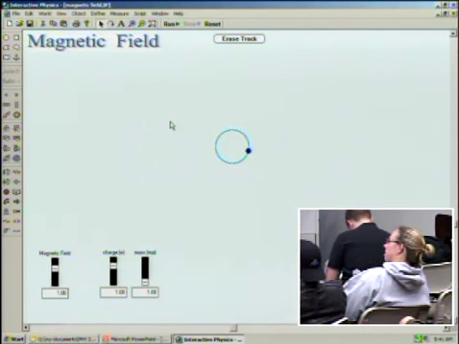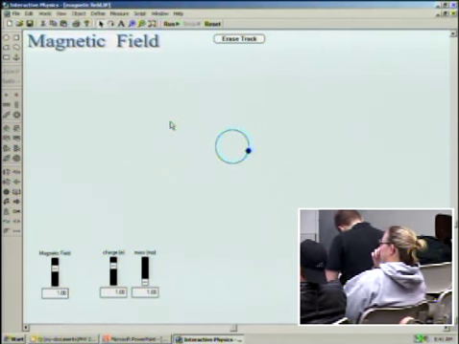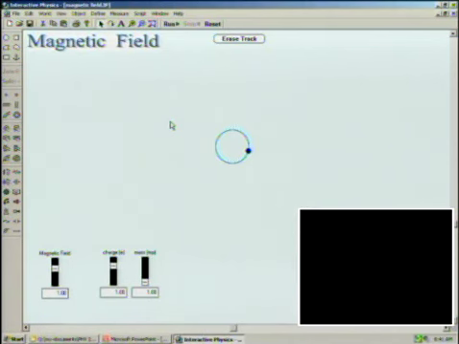It is the angular velocity of the particle, correct. Now, if the particle moves clockwise, angular velocity is in, which means that the magnetic field is out. Thank you, Christy.